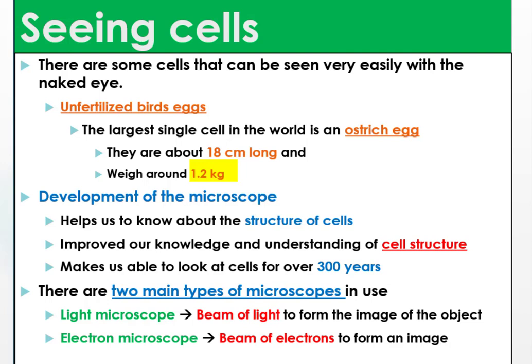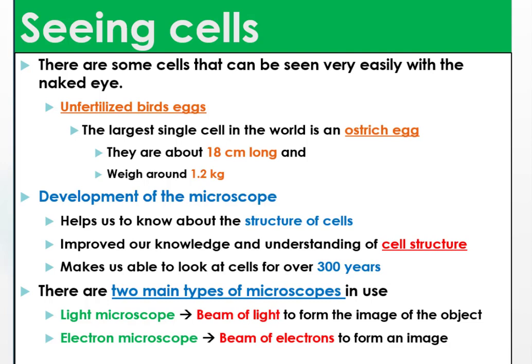The development of the microscope helps us to know about the structure of cells. Since it helps us to see and study the structures of cells, it improves our knowledge and understanding of cell structure in general.